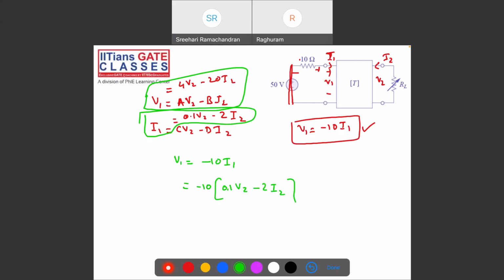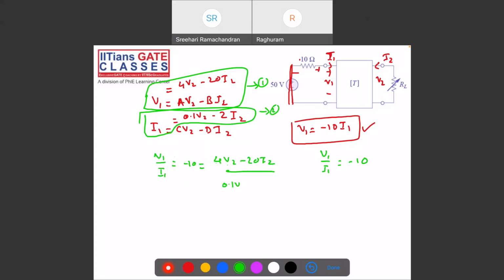Or sorry, there is one better way to do this. From this, V1 by I1 is minus 10. So divide equation 1 by 2. V1 by I1 is equal to minus 10, which is 4 V2 minus 20 I2 by 0.1 V2 minus 2 I2.